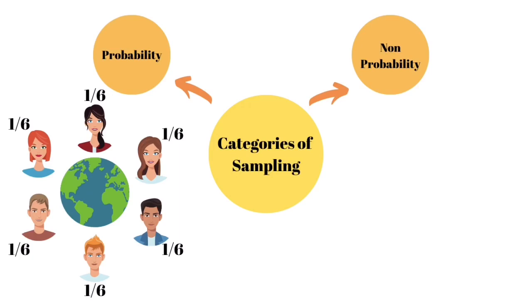On the other hand, non-probability sampling is where the odds of any member being selected for a sample cannot be calculated. So if I was to conduct my research during evening study and went into the library to find my participants, not all 255 of you would have a 1 out of 255 chance.